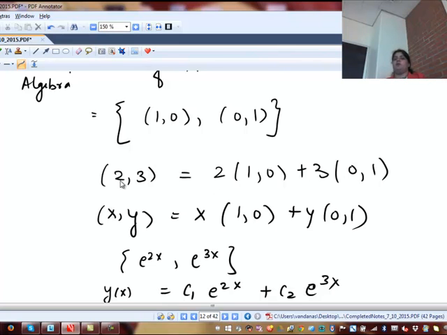If you have to express (2, 3), 2 is the possibility, 3 is the possibility. Is there any other way I can express (2, 3) in terms of these two?